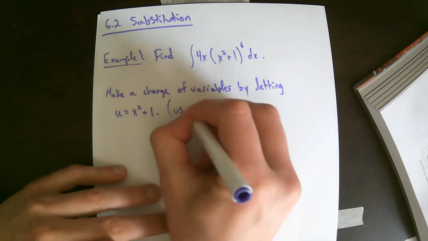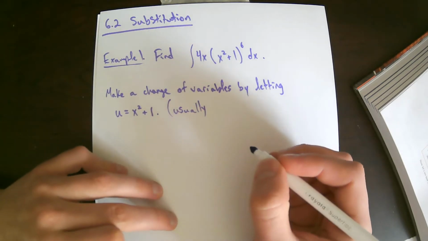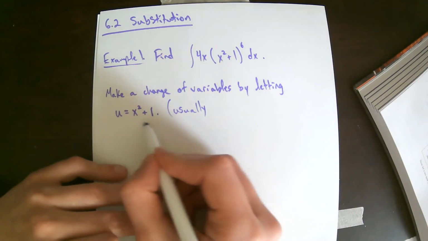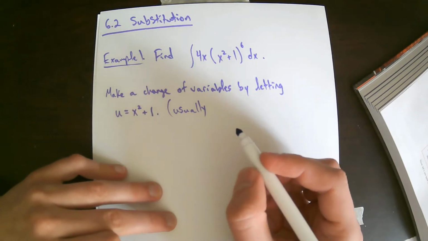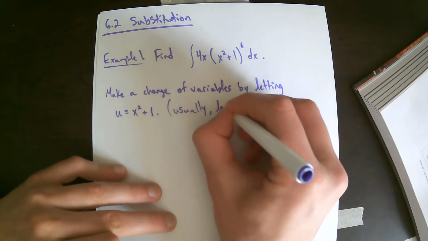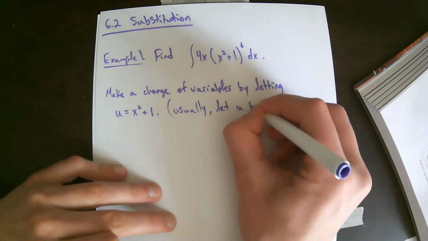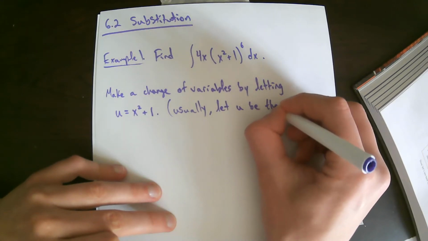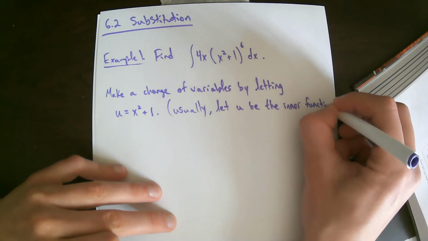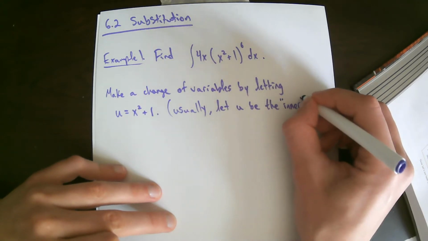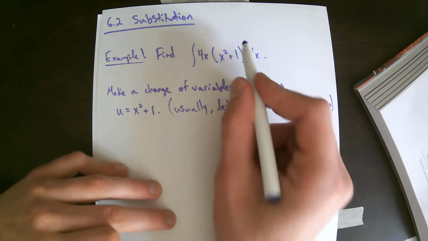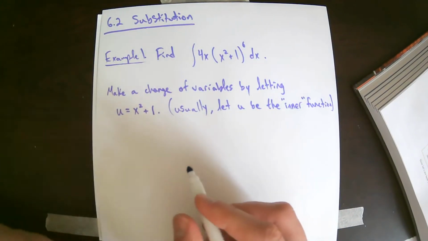But that's not always the case. Sometimes this change of variables is not a really concrete step. Usually, though, let u be the inner function. If you see something that's inside of another function, let u be that.